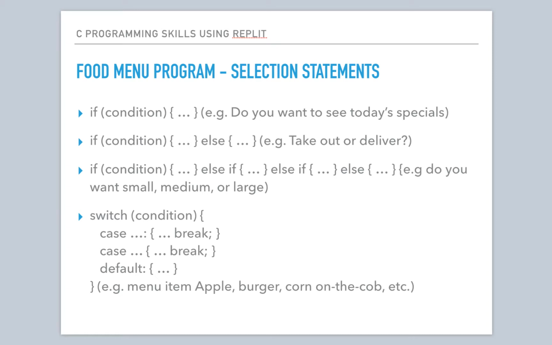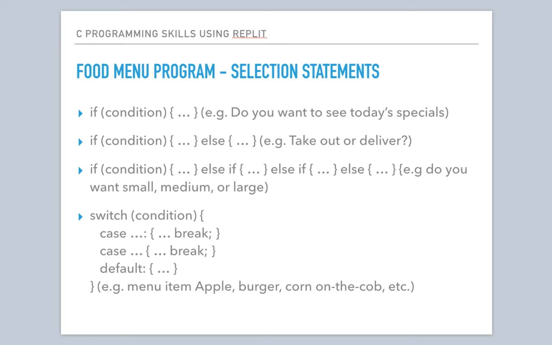There's yet another one. You could have if, a condition, else if, check something else, else if, check this, else. In other words, if, else if, and finally an else at the end if everything fails. This one you don't see used quite as much, but it allows you to ask multiple questions. It's more than just a single condition. It's even more than just a true-false condition.